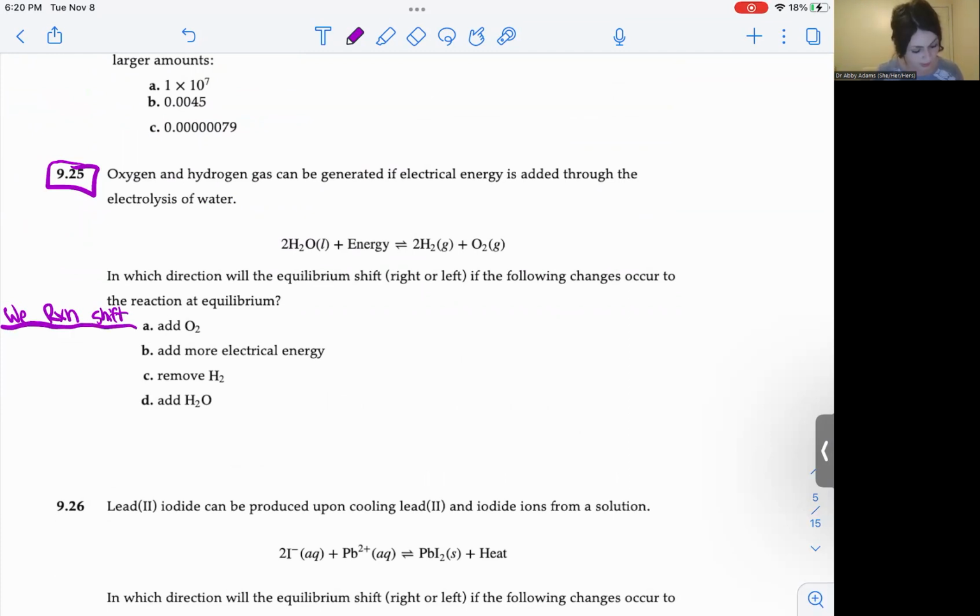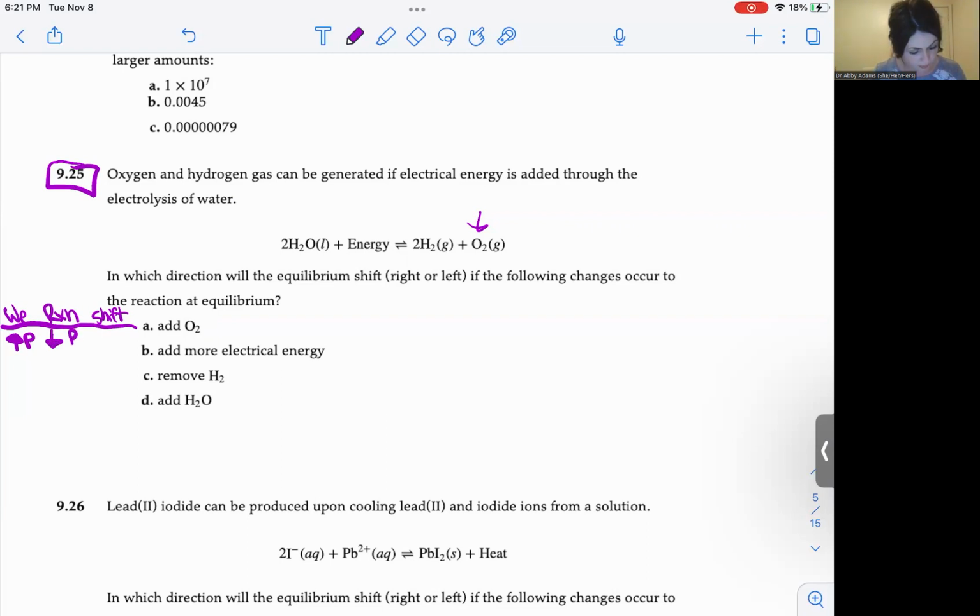So we want to add O2. If we are adding to the products, the reaction is going to want to do the opposite and decrease the products.